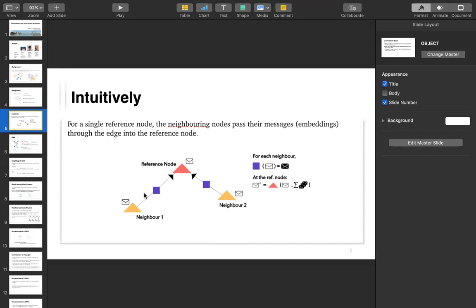Each node has a message, which you can regard as the node features. When we aggregate the information from its neighbors, we take the messages from neighbor 1 and neighbor 2, transform the messages to extract some features, and sum them to update the node feature of the reference node. Is that fairly clear?